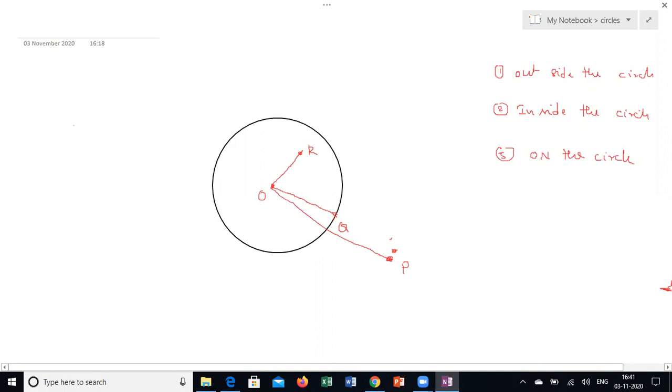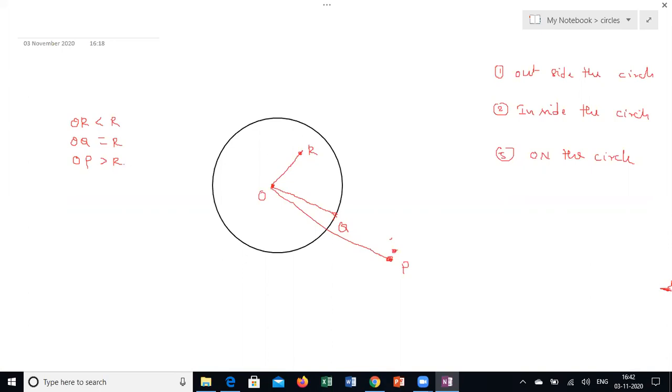There are three lines here: OR, OQ, OP. If OR is less than the radius, OQ is equal to the radius, OP is greater than the radius. If the distance between the point and the center is greater than the radius, then the point is outside the circle. If it is equal to the radius, it is on the circle. If less than the radius, it is inside the circle.